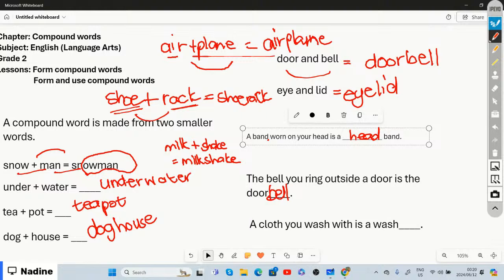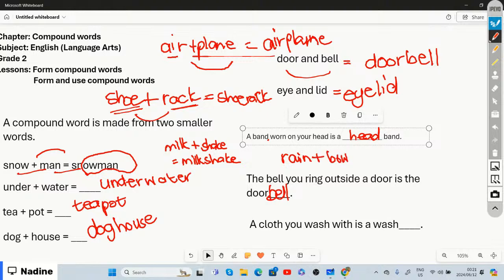And then it also says a cloth you wash with is a wash what? A cloth that you wash with is a wash what? Yes, that is also correct. Rain plus bow. Because rain can stand on its own.